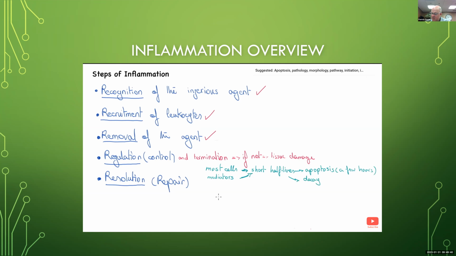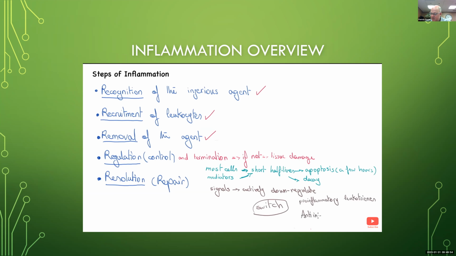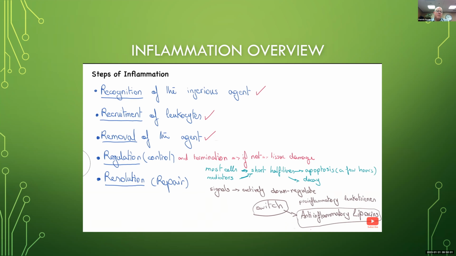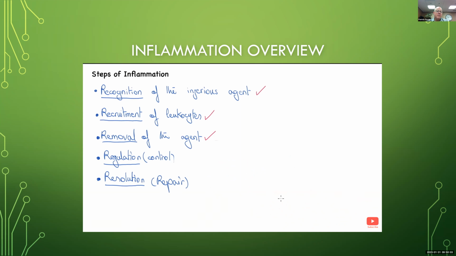There are also a number of signals that actively downregulate the inflammatory response. This happens mostly by a switch in the concentration of mediators from pro-inflammatory leukotrienes to anti-inflammatory lipoxins. So by this point, the regulation step is also completed.